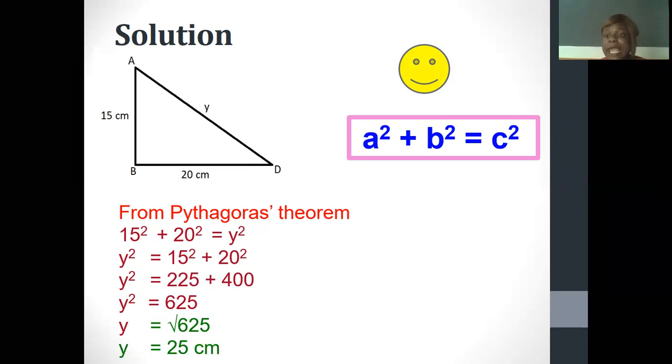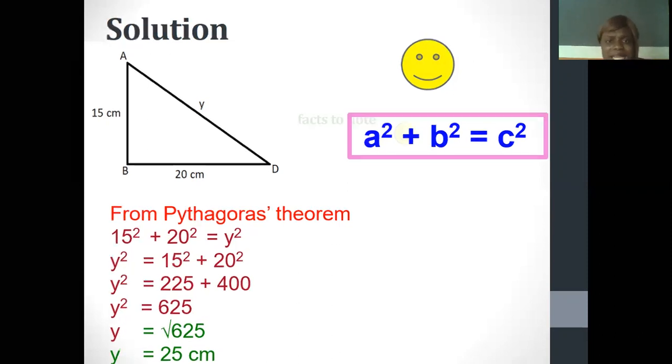So 25 cm is our y. So for that big triangle that you saw that was looking so complicated, x is actually 15 cm and y is actually 25 cm. That's the Pythagorean theorem. It's a simple one. With practice, you get it faster.